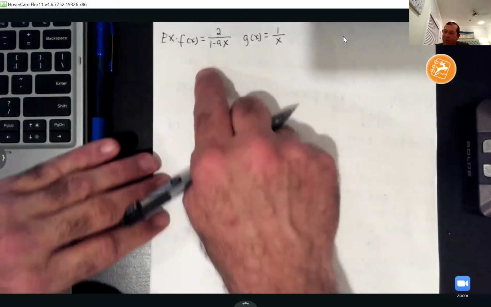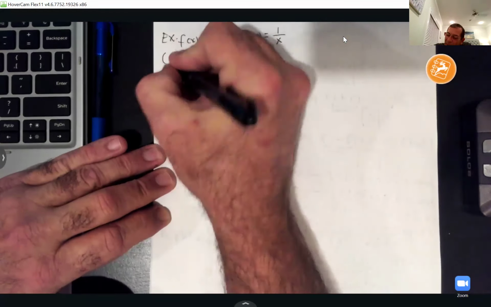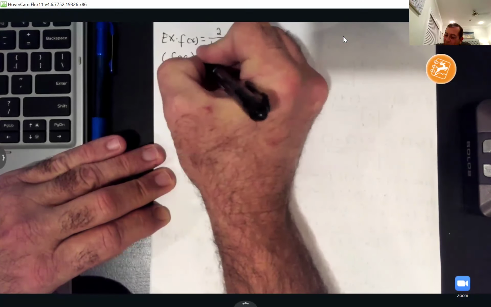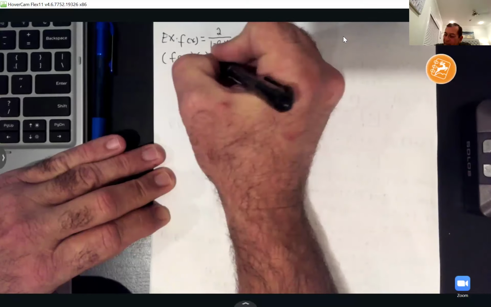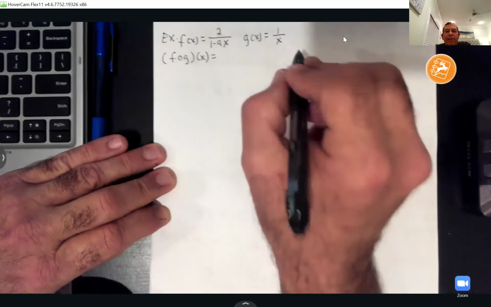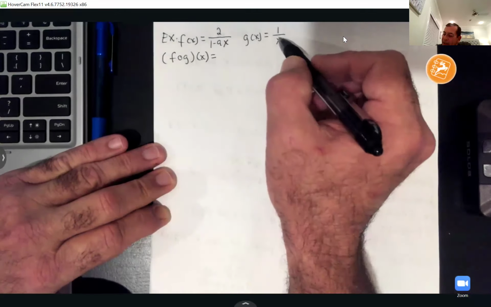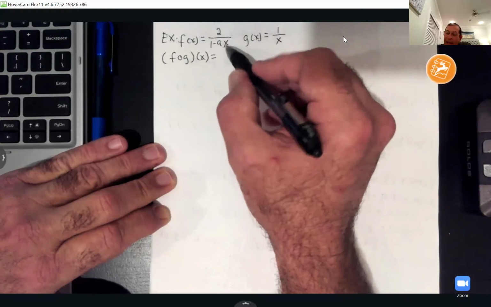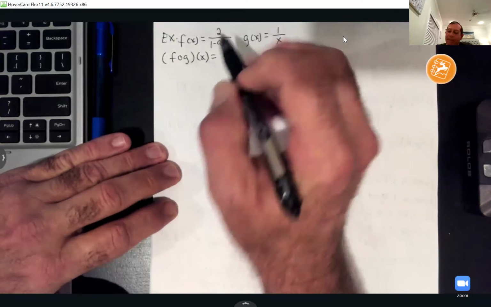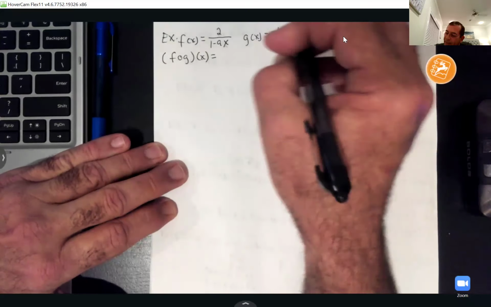So notice I got fractions everywhere. So let me start out with f compose g of x. Now remember, this is like f of g of x. So I can't do nothing to the g of x. So I take this and put it into the x of the f of x. Okay? So put g of x into f.